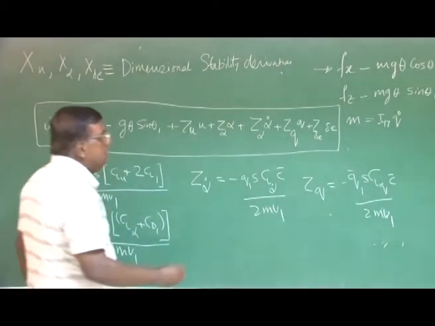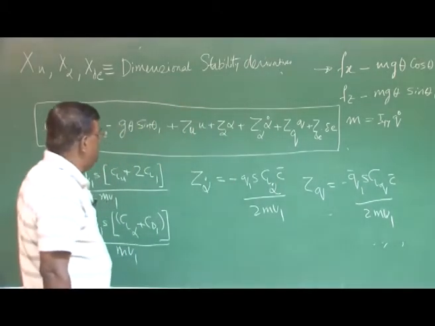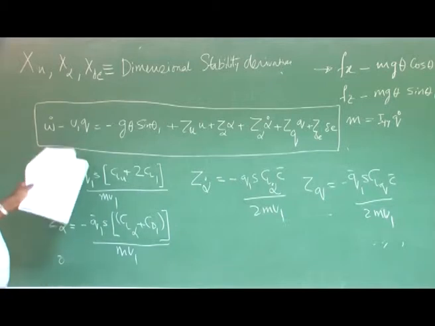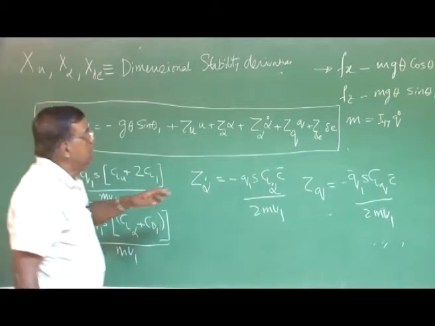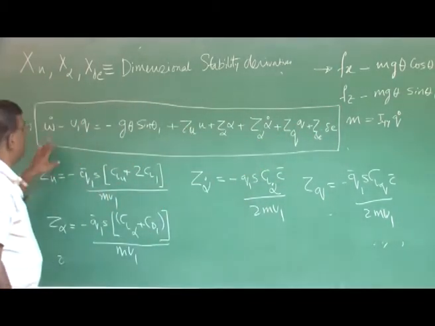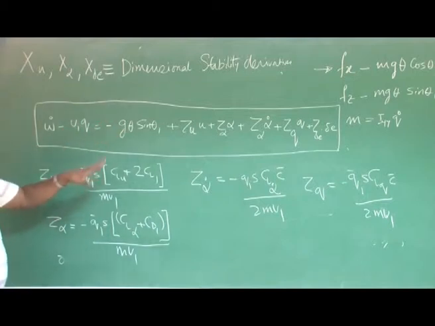Please understand that we have already derived the expressions for C_L alpha dot and C_Lq. So these things are just algebraic manipulation. What we have done is expanded Fz, substituted those expressions, then divided by m U1, and we got this equation. This is what we are looking for.